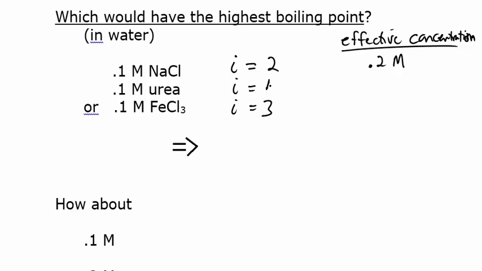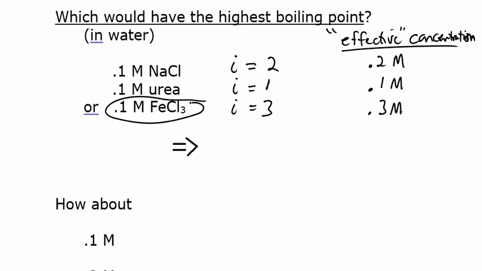For urea, it's just the same. It's still 0.1. For iron(III) chloride, it's 0.1 times 3, 0.3 molar is the effective concentration, which means that the highest boiling point will be for the one with the highest effective concentration, which will be the iron(III) chloride.